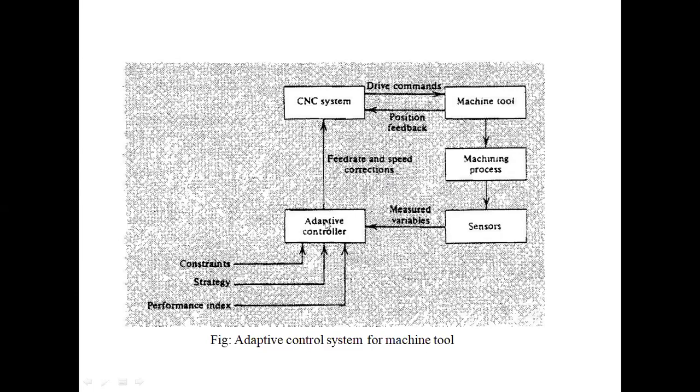So this is what adaptive control technology is: adapting to the situation. The backbone of it is either you are imposing constraints, or giving it a strategy or a performance index. It is based on this that the controller will decide what to do. Is it clear so far? Adaptive control technology.